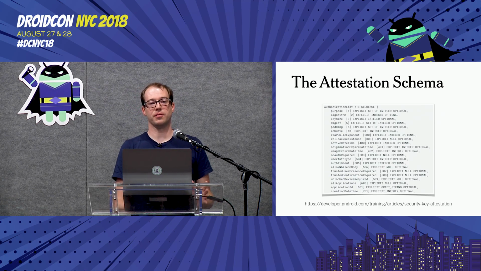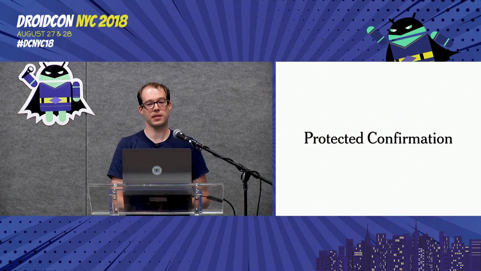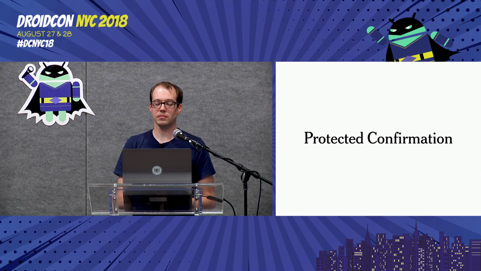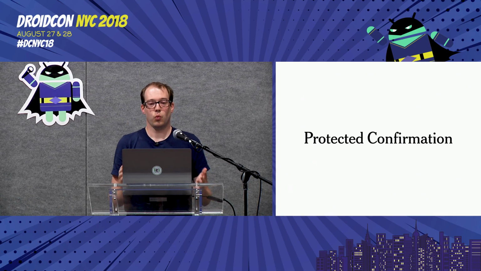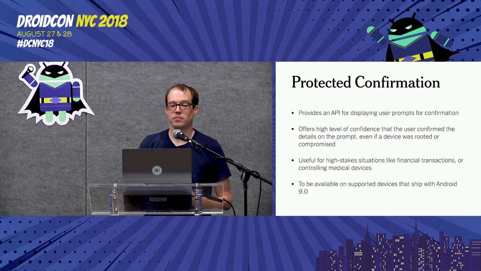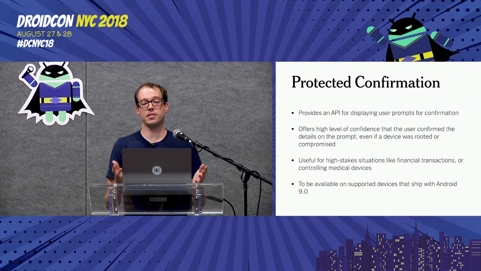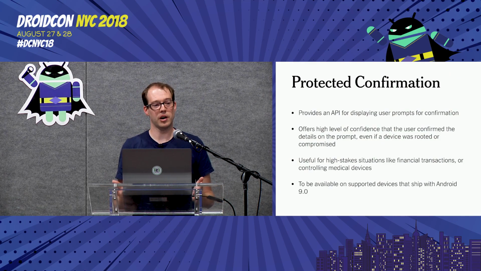So kind of putting all this stuff together, let's take a look at a new thing that's appeared in Android P called protected confirmation. What this does is they've recognized that we do more and more things with our mobile devices. Some of them are maybe higher risk transactions than we had in the past. A great example they brought up at I/O was an insulin pump.